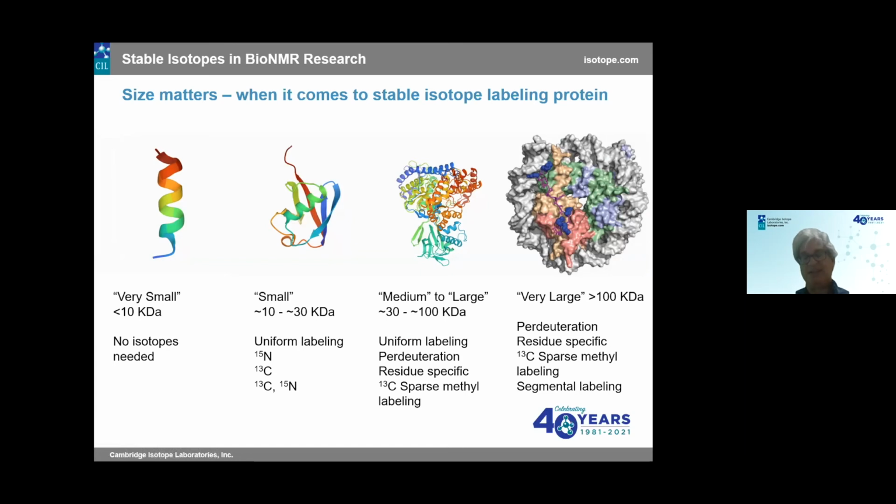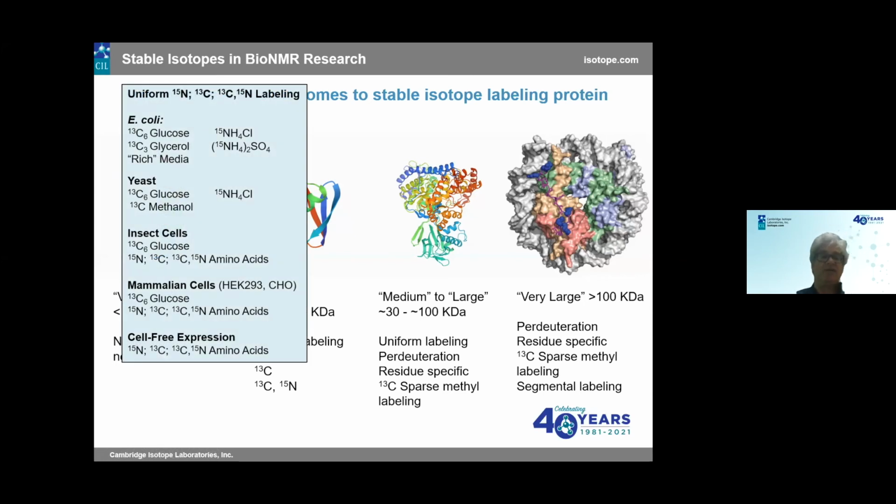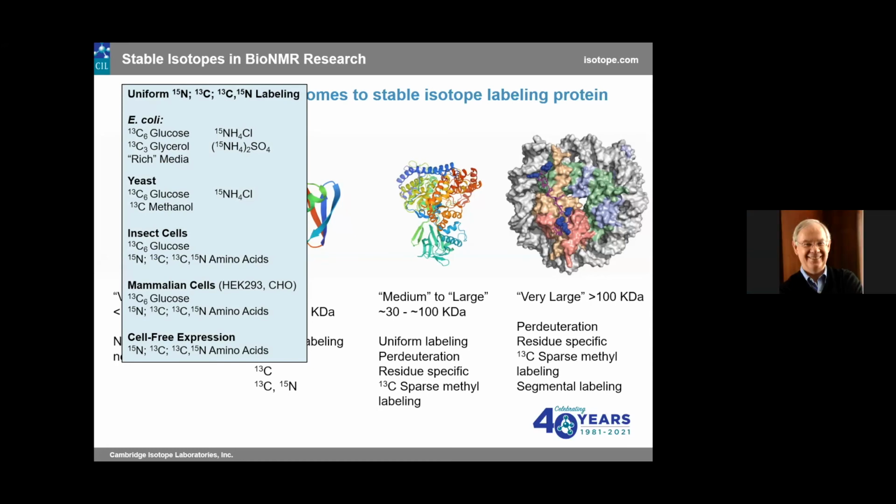I'll have another slide dealing with nucleic acids, but small proteins, around 10 to 30 kilodaltons, require uniform labeling to get structure and dynamic information. And for these size molecules, one will typically use minimal media, and one always has a choice of what type of organism they would like to use to overexpress their protein.